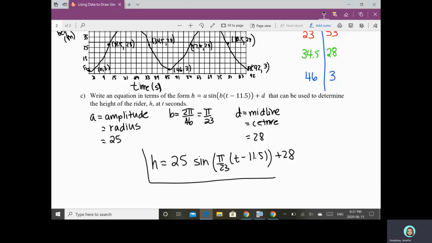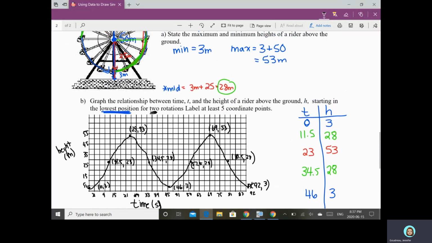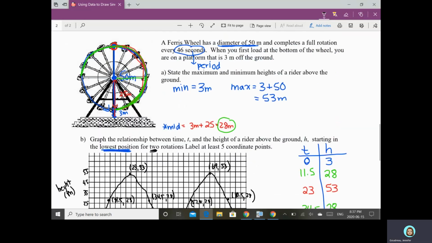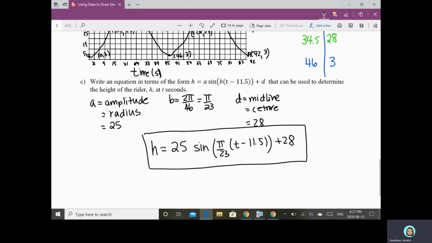And there is your equation that models this data. We could take this equation now and graph it in our calculator. We could take a given t value and find an h value by using the table. We could take a given h value and put it into y2 and find the intersection point to find the t value. But for now, we're content with just writing the equation.